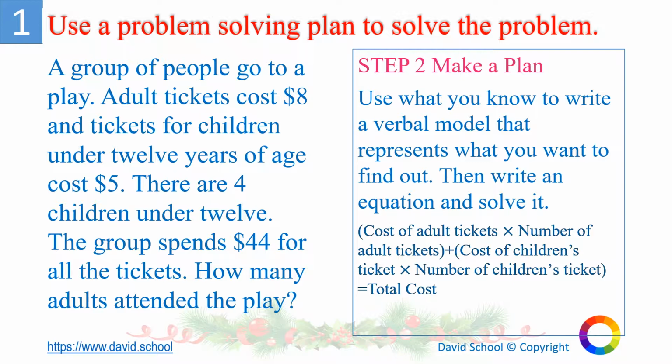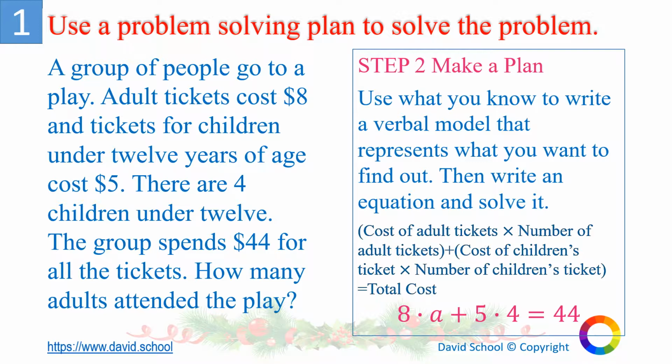Number of adults that we have to find, let it be A. Cost of children's ticket is $5 and number of children is 4, equal to total cost, which is $44. Substituting all these values in this verbal equation, we will get 8 times A plus 5 times 4 equals 44.